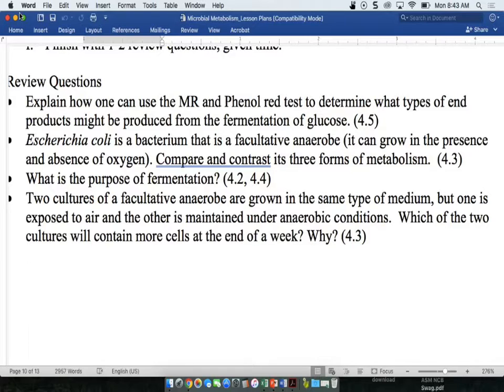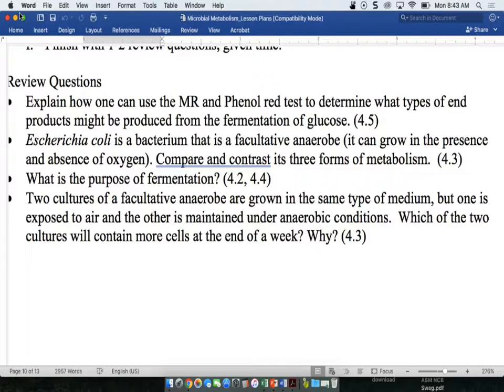But at some point, if it were a fermenter, it might end up exhausting all of that carbon source and having to switch its metabolism to anaerobic respiration, for example. That's much more complex. I wouldn't expect that in the answer, but between Kaylin, Austin, and Ashley, that's a good answer. That would get you the points.